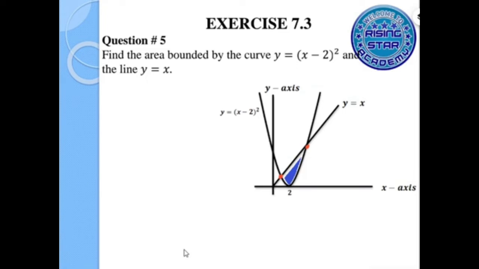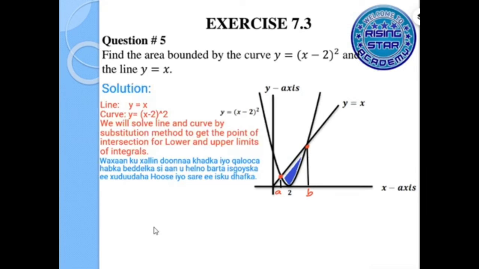That means we need to find this value and this value. That would be our A, that would be our B. So we can get these values by solving them by comparison method. So let's start how we can find these results.